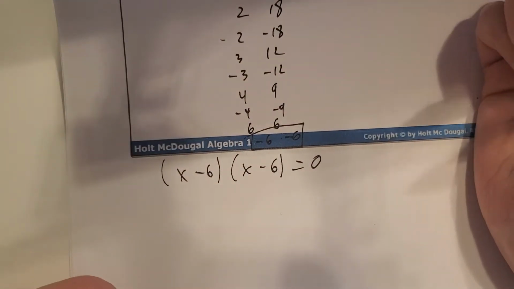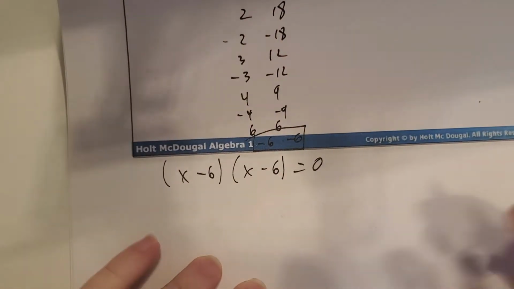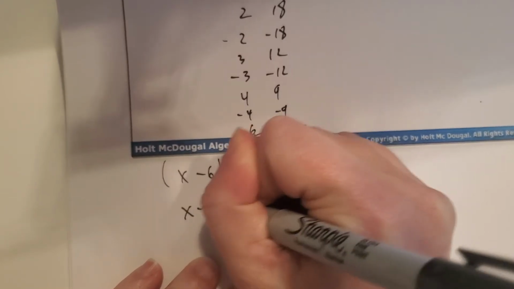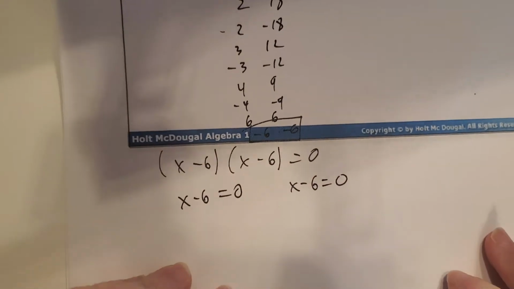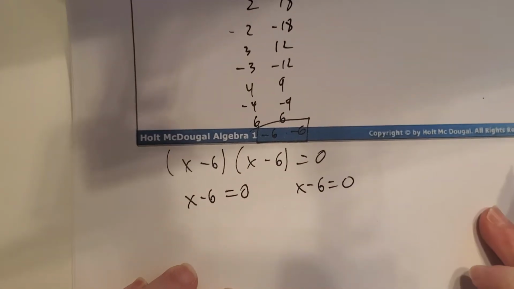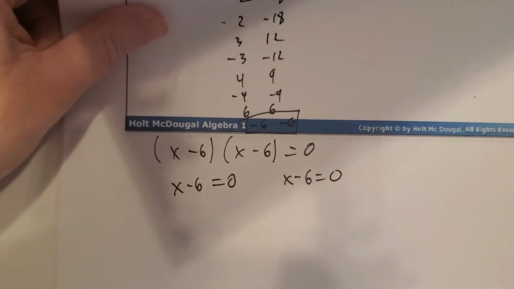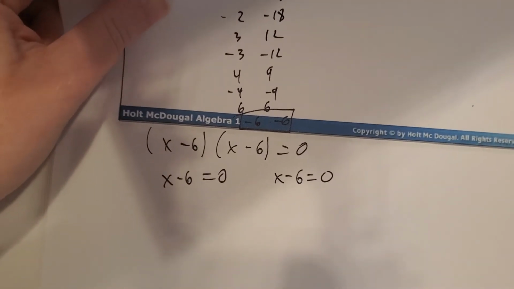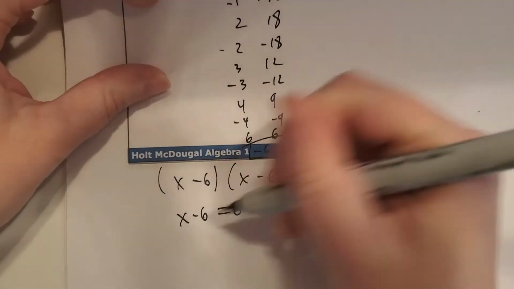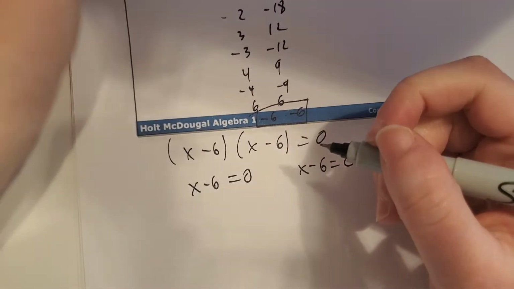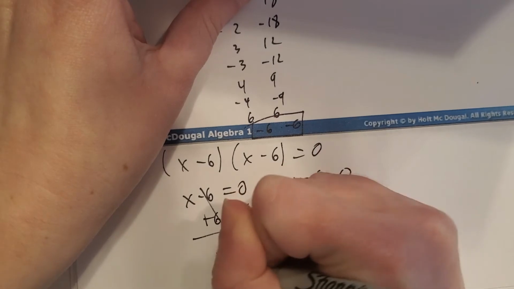You don't really need to worry about that here, but what's nice is that if you broke this up the same way we did the last problem, x minus 6 equals 0 and x minus 6 equals 0, because it's the exact same polynomial twice, you're going to get the exact same equation twice, so the exact same solution twice. So you don't even have to show this work twice. You can just do it once. I'd be totally okay with that. Add 6 to both sides, and x is 6.